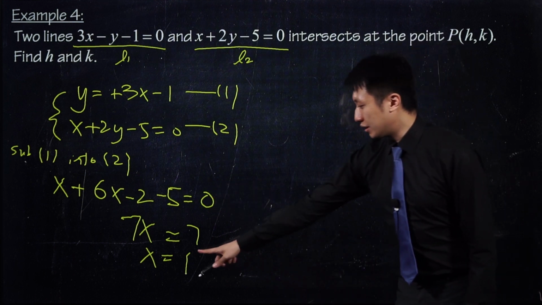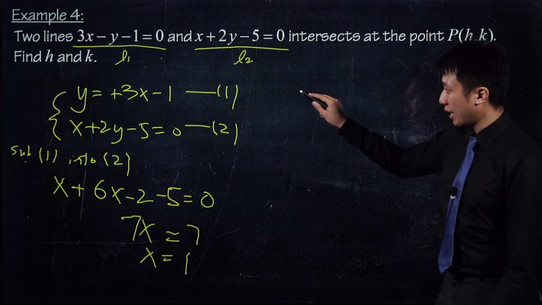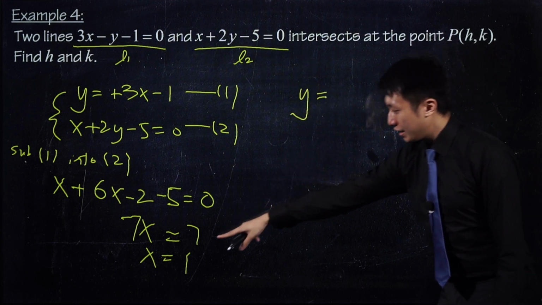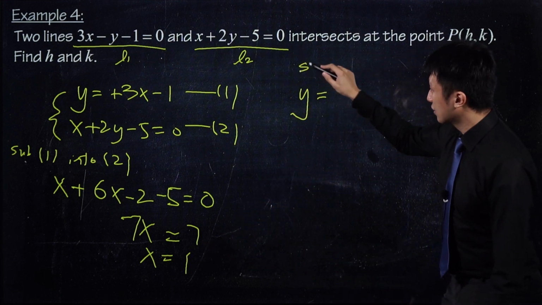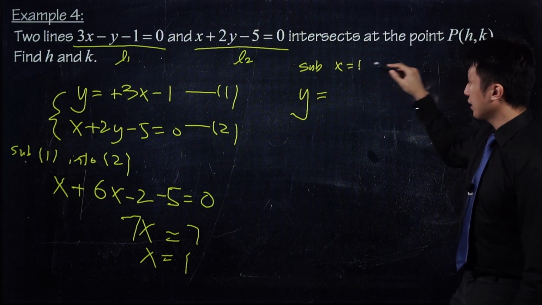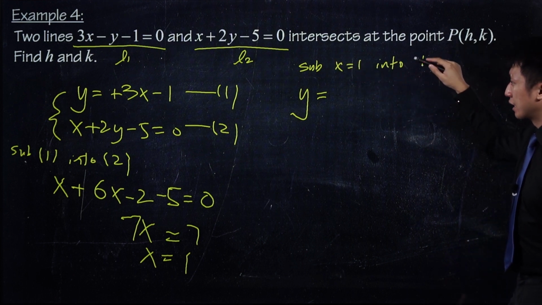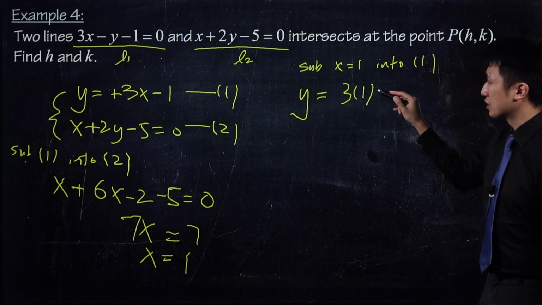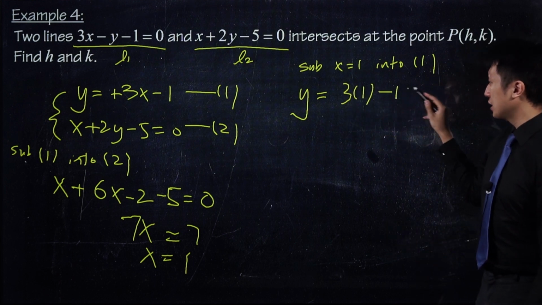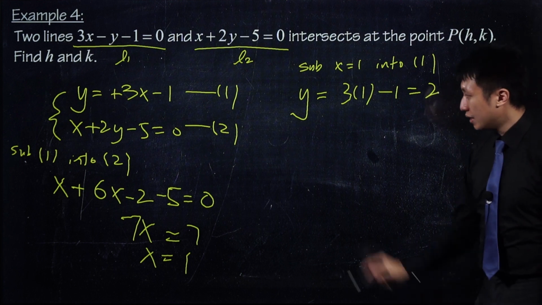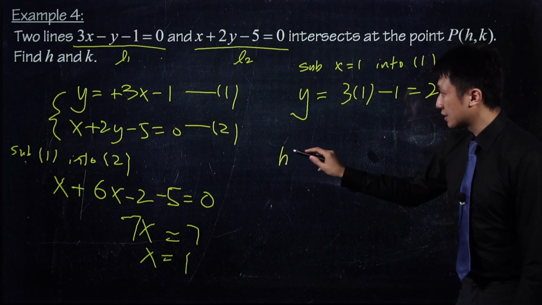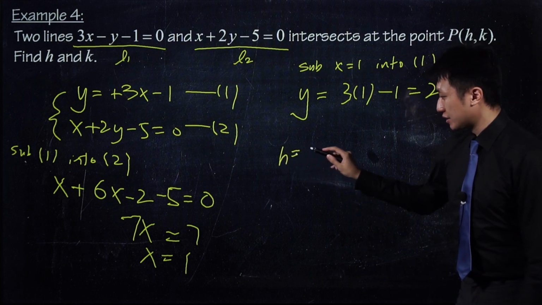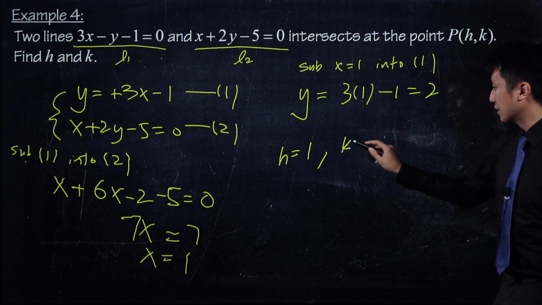This is your h and your k will be this y. You sub x equal 1 into the first equation, then you get 3 times 1, which is 3, minus 1, which is 2. So for this case, h is equal to 1 and k is equal to 2.